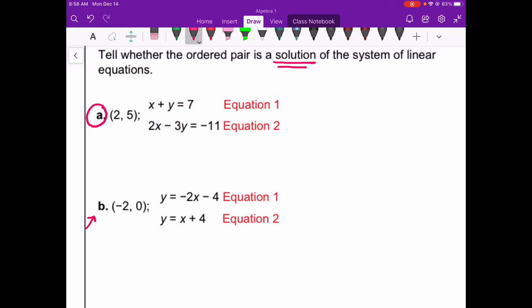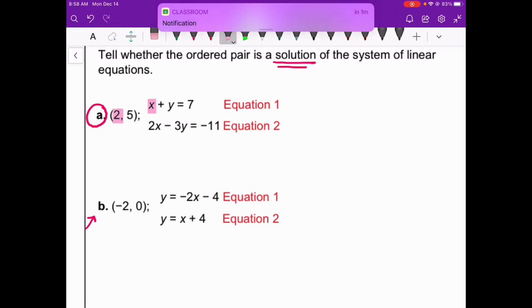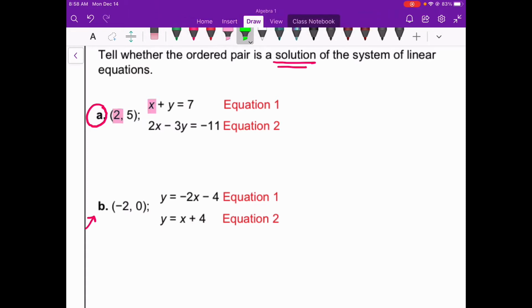In order to find out if a coordinate is a solution to a system, you plug in x for x in the first equation and y for y in the first equation, and check if the equation has a true statement. You'll do the same thing for the second equation. Both equation 1 and equation 2 have to have true statements in the end.